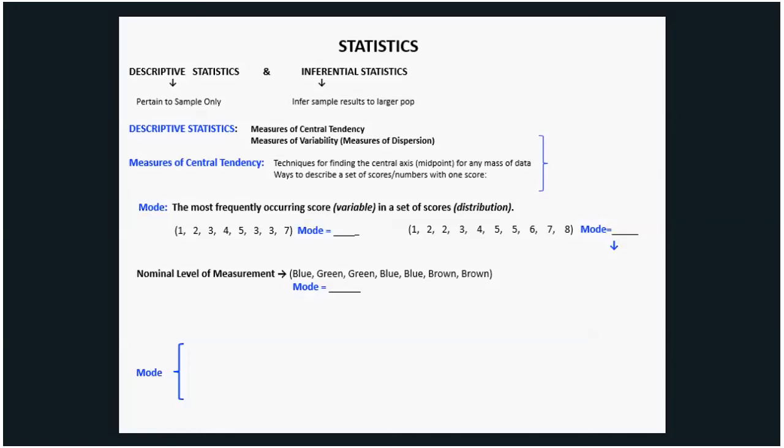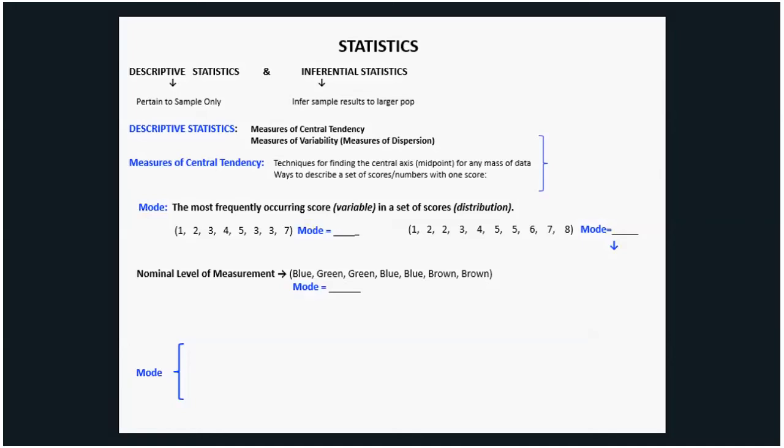Now, when we look at descriptive statistics, we're looking at measures of central tendency and measures of variability, or measures of dispersion. Measures of central tendency are the techniques used for finding the midpoint or the central axis of any mass of data. It's a way to describe a set of scores or numbers with just one number.